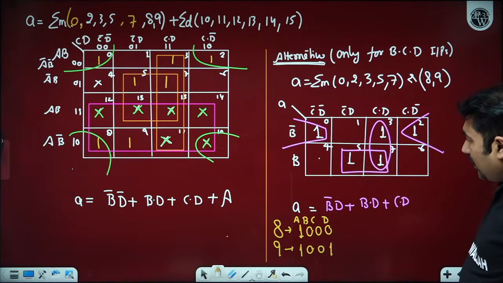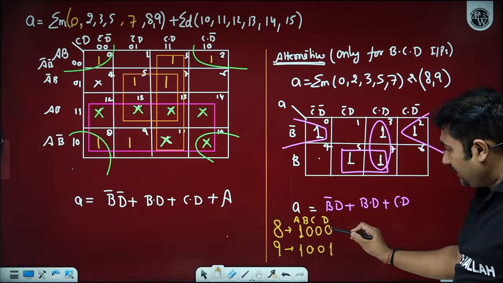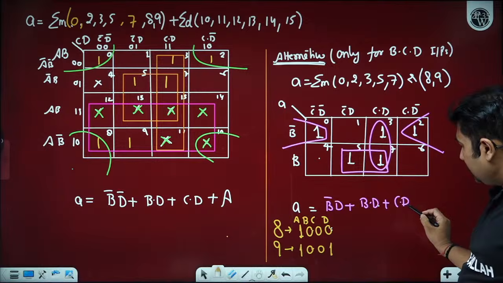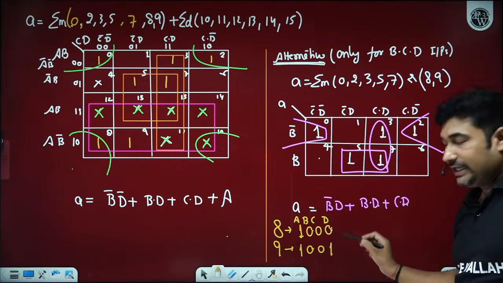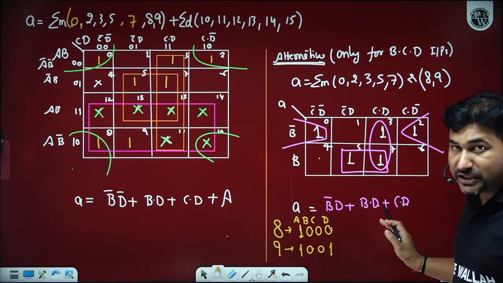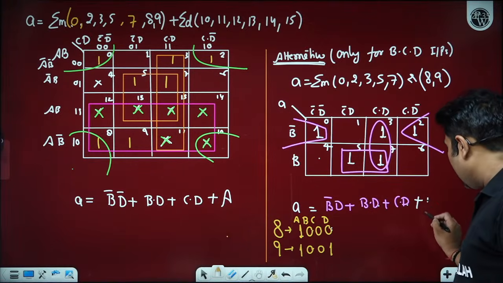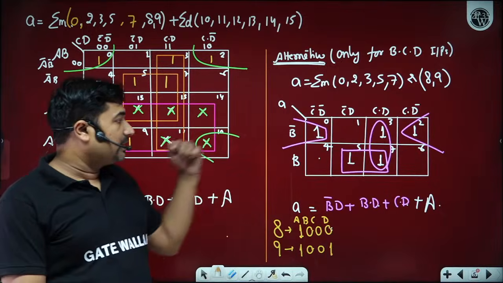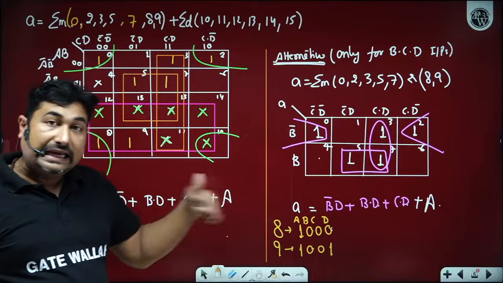If we observe this, D is a 0 for 8, so the term is 0. For 8, we are getting 0, but we want 1. So this expression is not sufficient to define 8 and 9. We need to add A in this expression. It means that octet is needed because the expression is not sufficient to define 8 and 9.